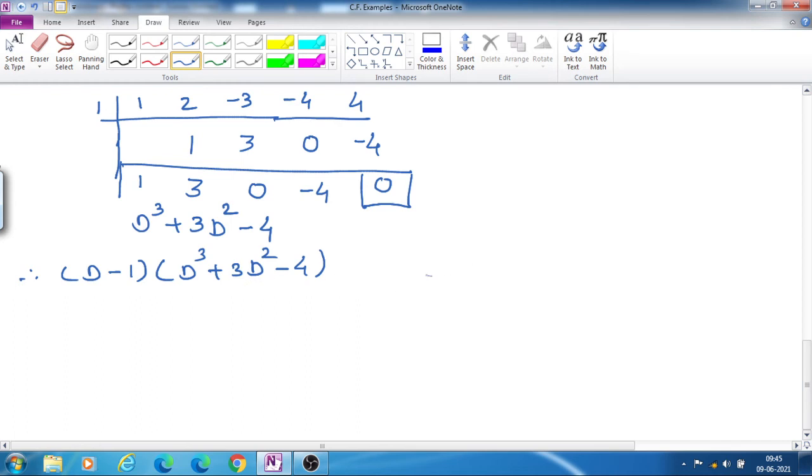So to find the next factor, again we take coefficients 1, 3. The coefficient of D is absent, therefore we write 0, and last −4, and since D − 1 is a factor, here we take plus 1.